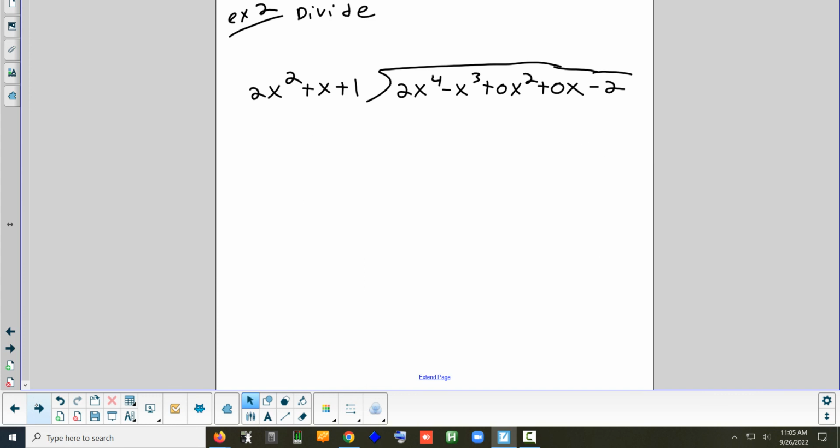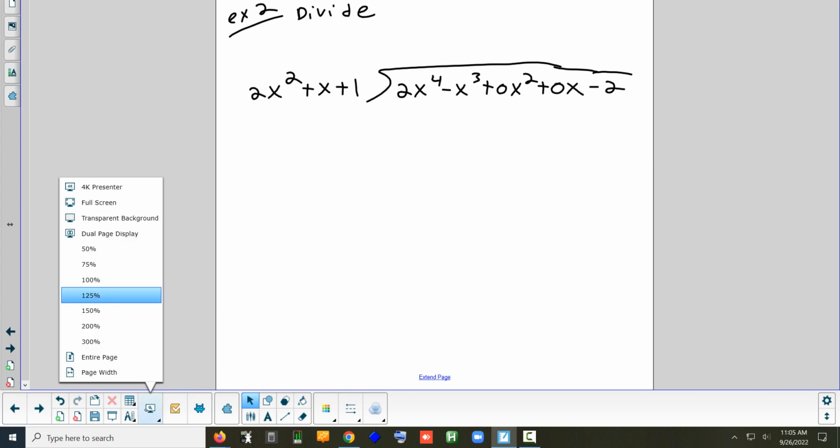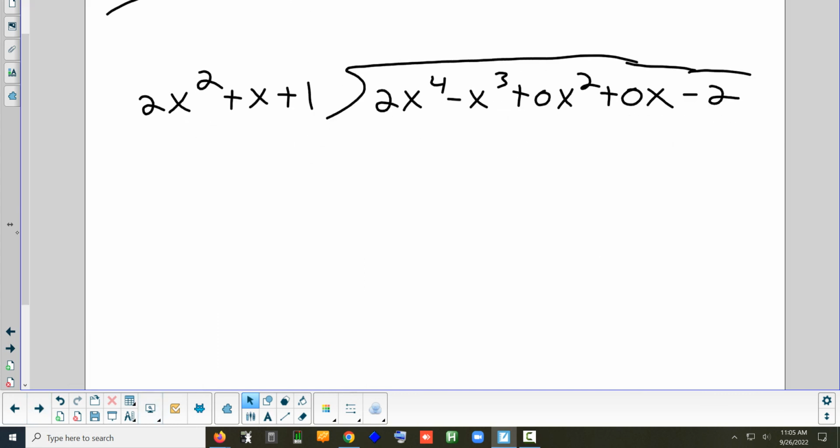All right, let's try another long division one. This time it's set up for us properly, so we can start right away. Yeah, they filled in the zeros for us. If you didn't, that's the first thing you want to do.